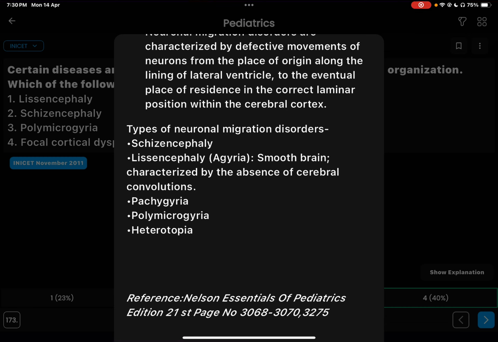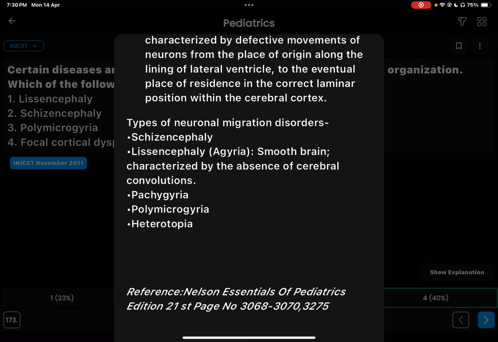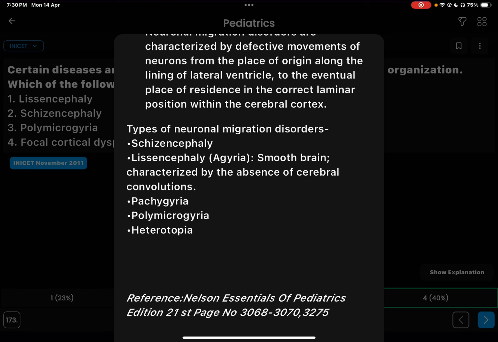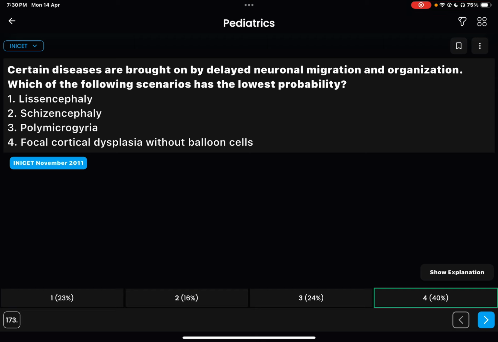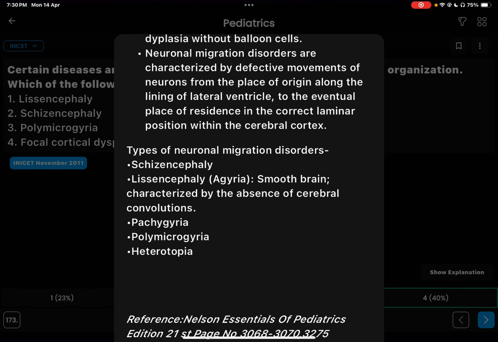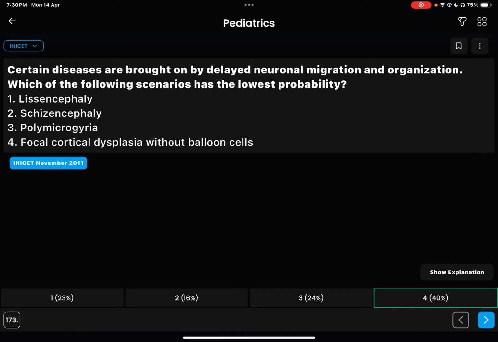Types of neural migration disorders: schizencephaly, lissencephaly, agyria, smooth brain, characterized by the absence of cerebral convolutions, pachygyria, polymicrogyria, and heterotopia. So, lissencephaly, schizencephaly, polymicrogyria are all examples of non-migration, and lissencephaly is your agyria or smooth brain.